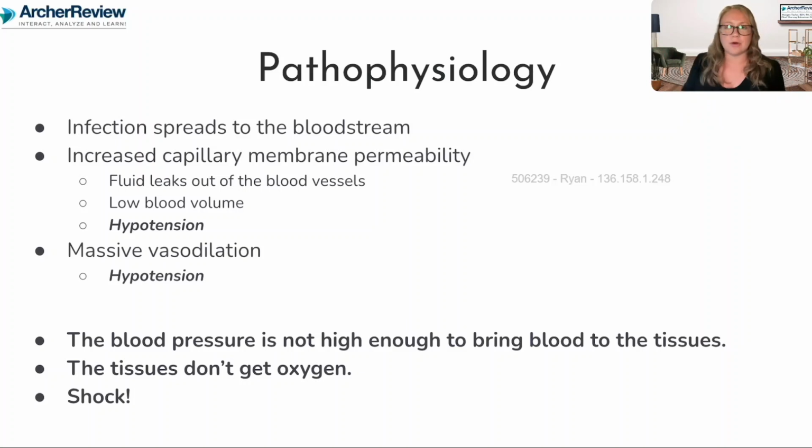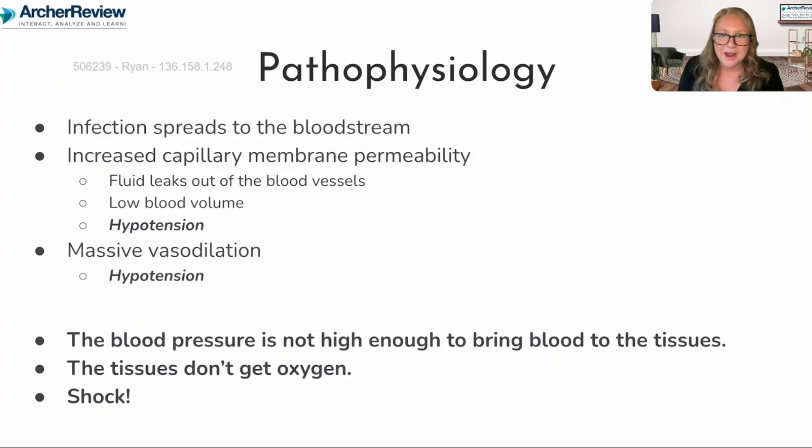All right, I bet you already know where this is going. With less volume, we now have less pressure, lower blood pressure, hypotension. We're not getting good perfusion out to the tissues. Bummer. Now, the second thing that happens when we get this systemic inflammatory response is vasodilation. The blood vessels get bigger in response to this infection.